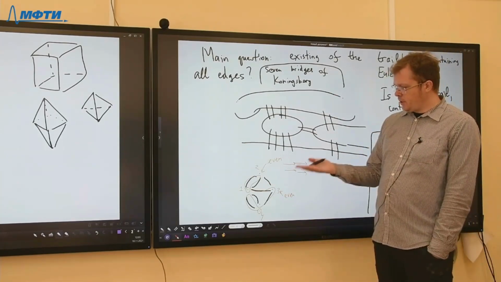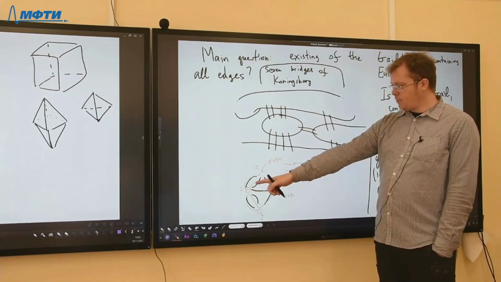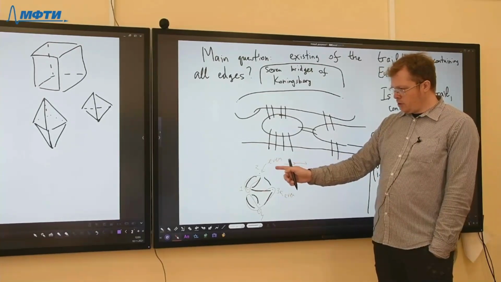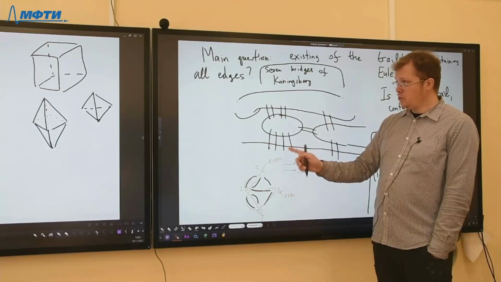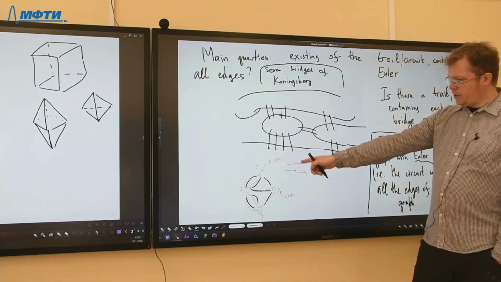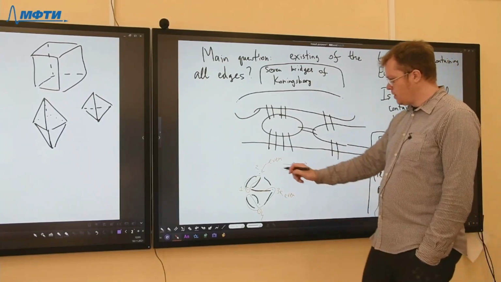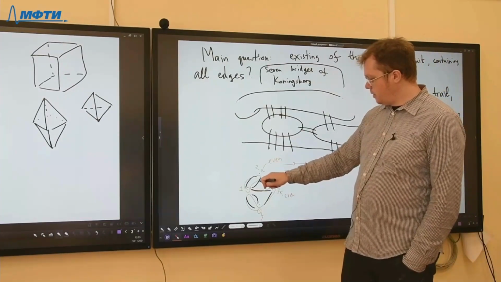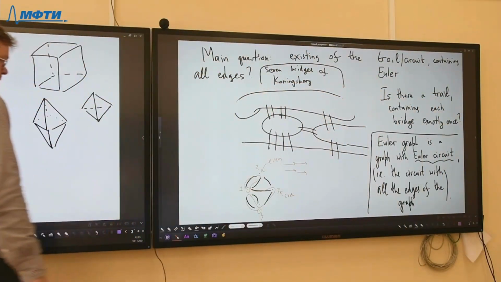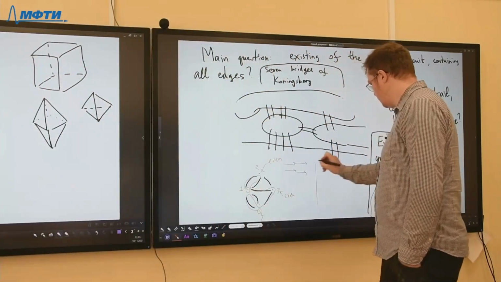This means that if we have an Euler trail, then except for the first and last vertices, all other vertices must have even degree, because if we provide a trail containing all the edges, all these vertices except the first and last one must be of even degree.